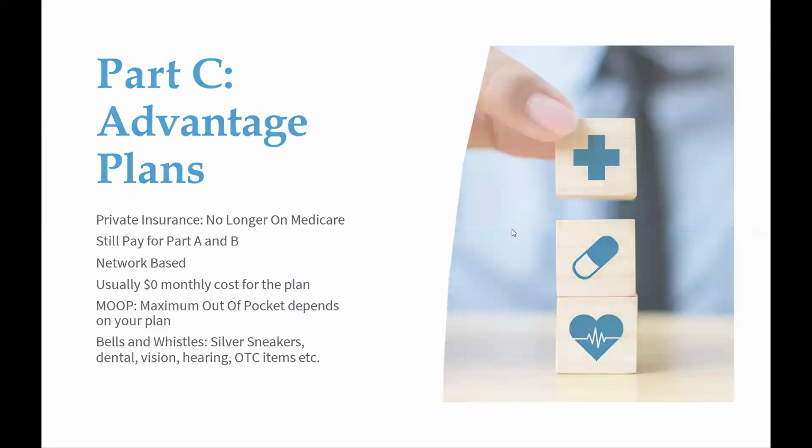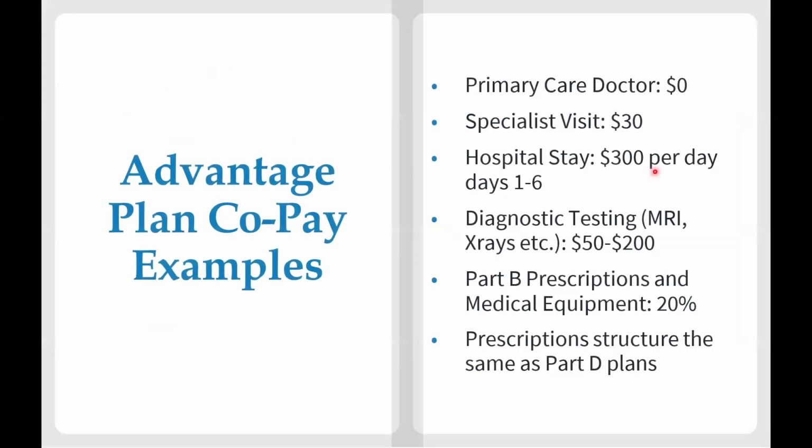This is just an example. As you can see here, in this particular example, if you were to go visit your primary care physician, it would be a zero copay. There's also a large list of preventative screenings like cardiovascular screenings, prostate exams, mammograms that are also included each year free of charge.